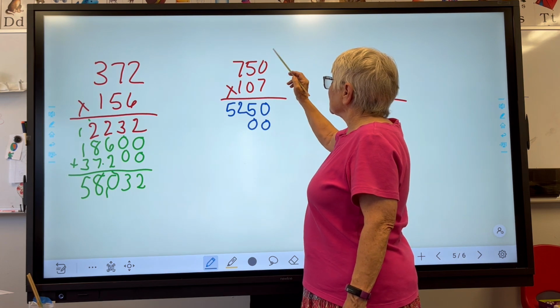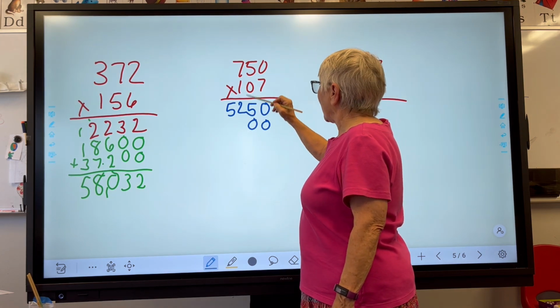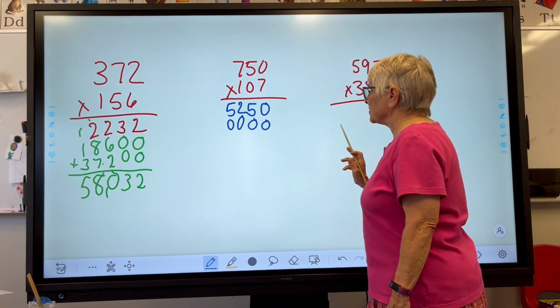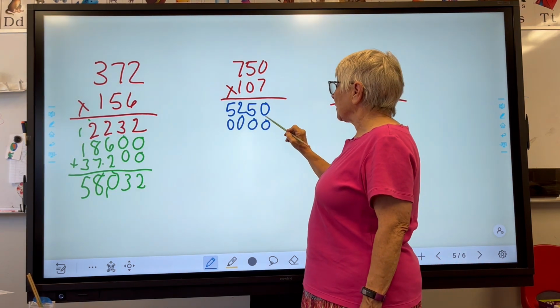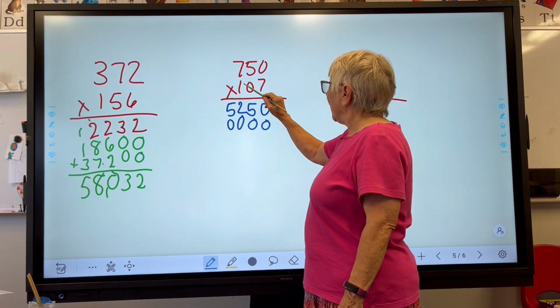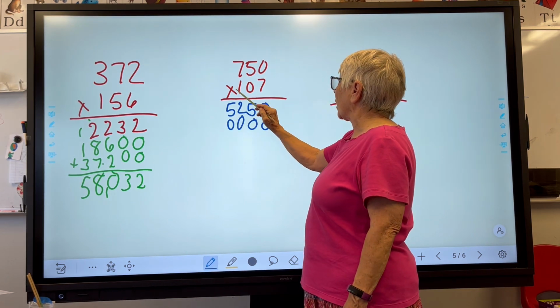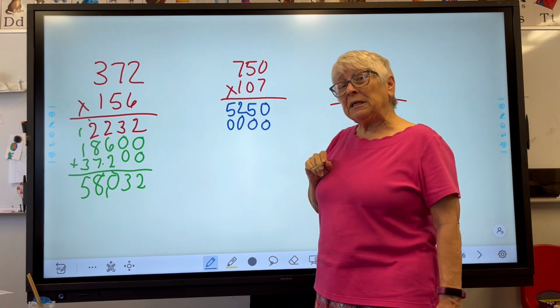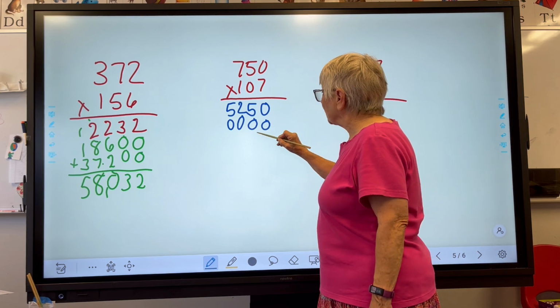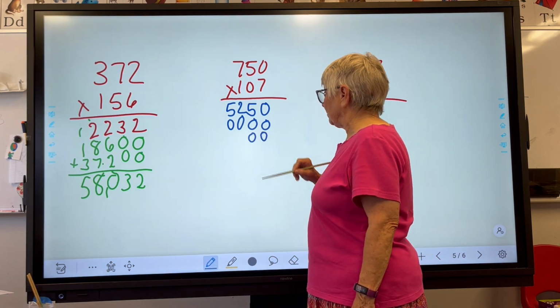0 times 5 is 0, 0 times 5 is 0, and 0 times 7 is also 0. So we have a whole row of zeros there. But it's important that you put that spacer in there so that we get everything in the right place. This is 100. How many zeros are in 100? That's right, there's 2. So we have to put 2 zeros for the 100.